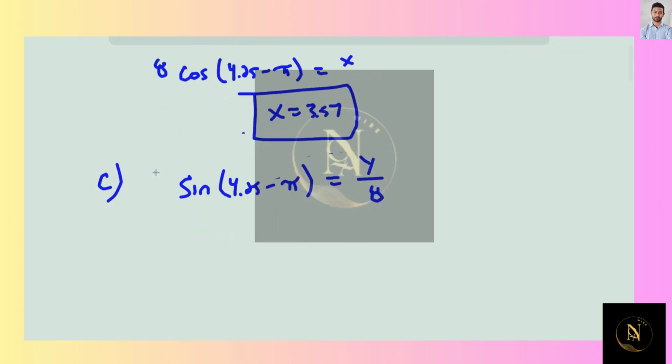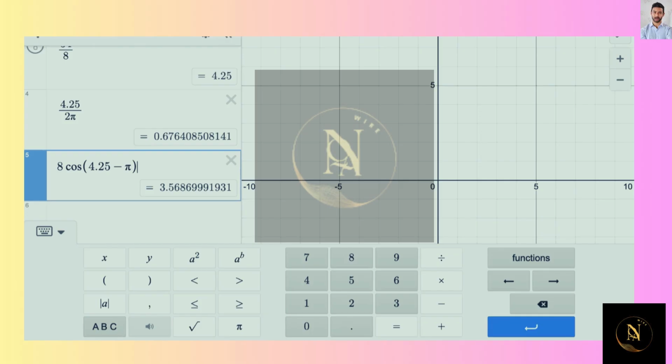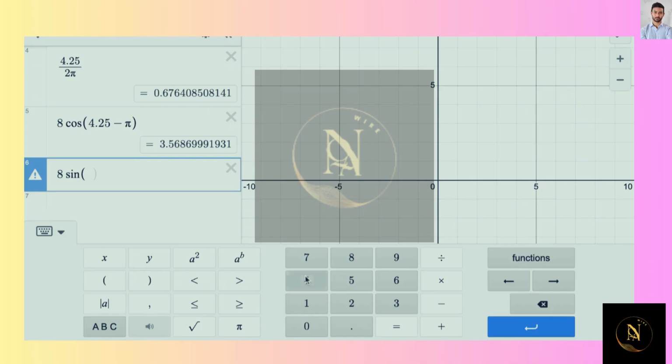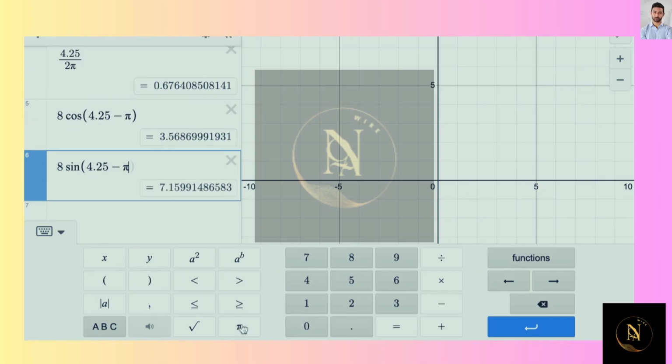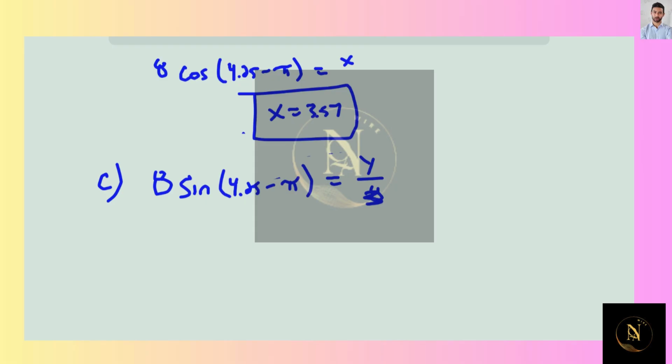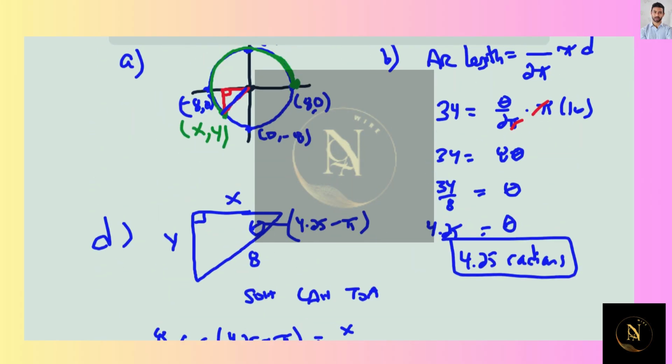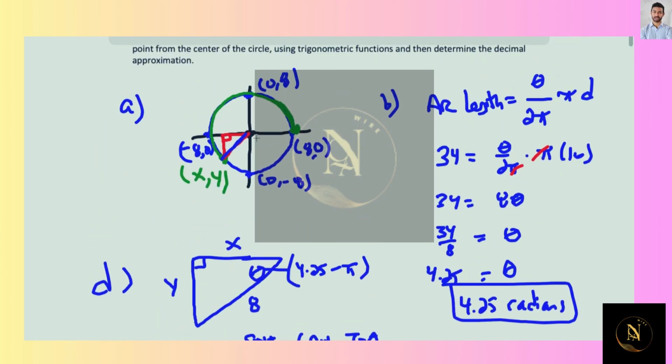So multiply both sides by 8 here, and we have the y. 8 sine of 4.25 minus pi is 7.16. So this position where he stopped is 7.16 of a vertical displacement and 3.57 yards of horizontal displacement.